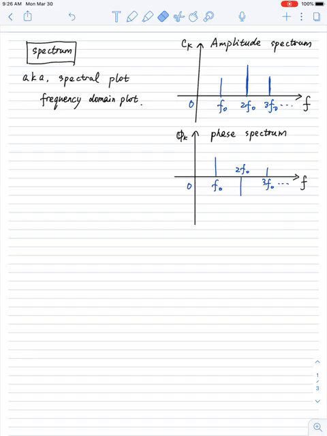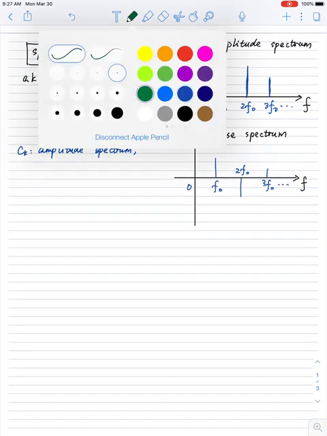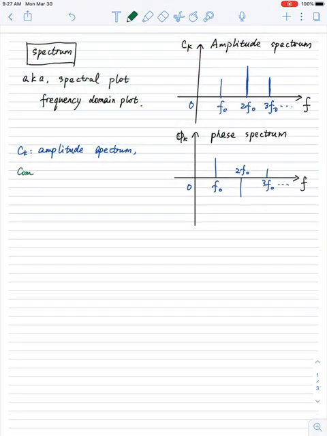Now, why are this amplitude spectrum and phase spectrum useful for us? First of all, ck as the amplitude spectrum actually combines the values of ak and bk.